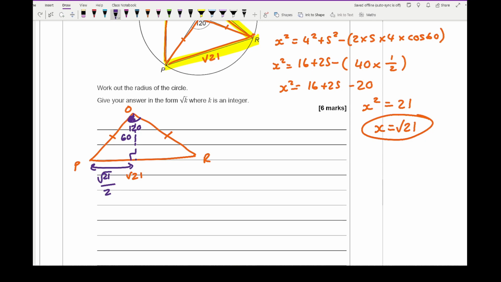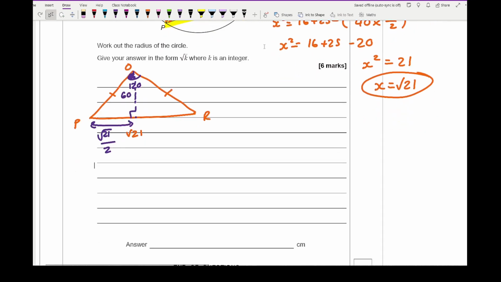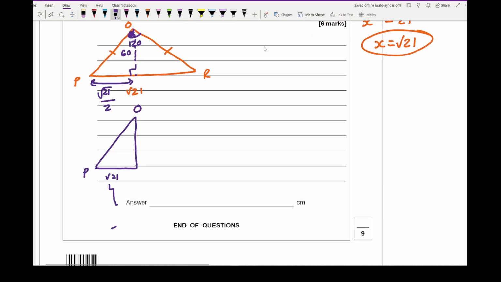So if I take that triangle out, what I end up with is this, where this is P, this is O, this is root 21 over 2. This is 60, and this is what I'm after. So I'm after that length there. Because that's the radius of the circle, let's just call that R.